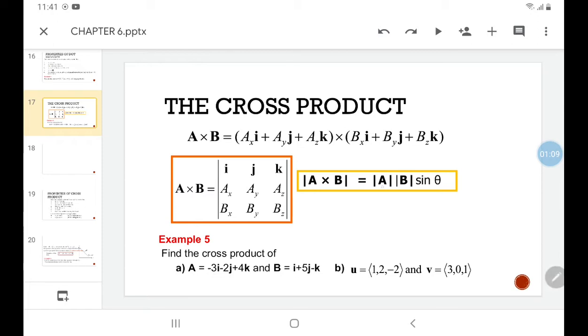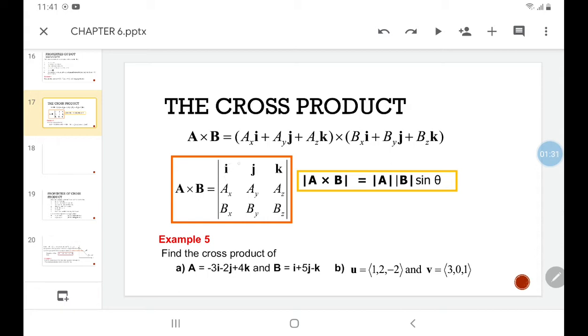But the cross product will give you both the magnitude and direction. The cross product is a little bit complicated, not too much, but I'm sure you can do it just fine.